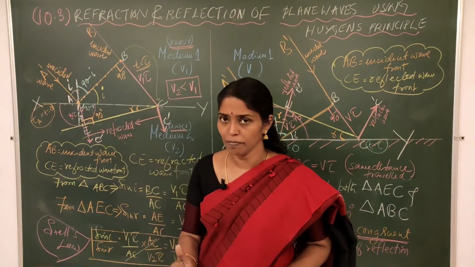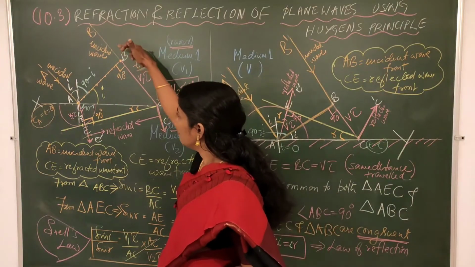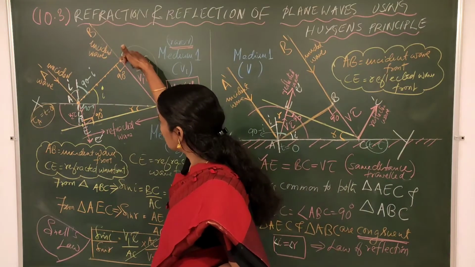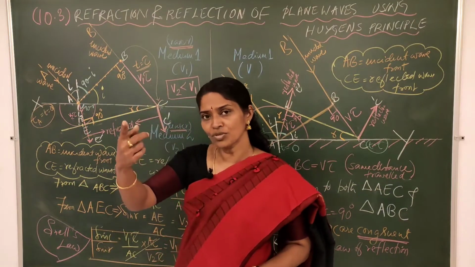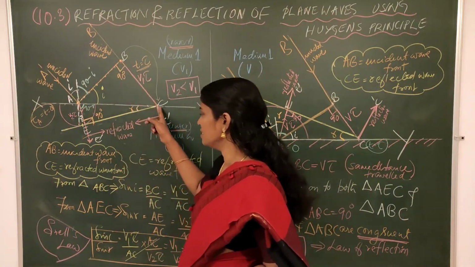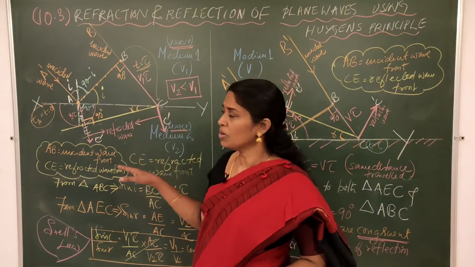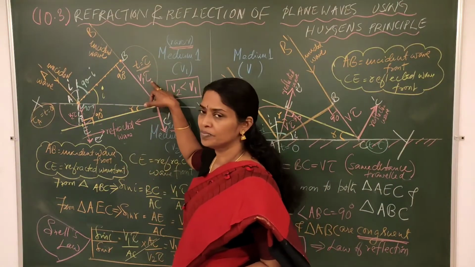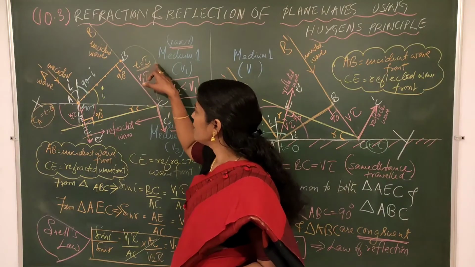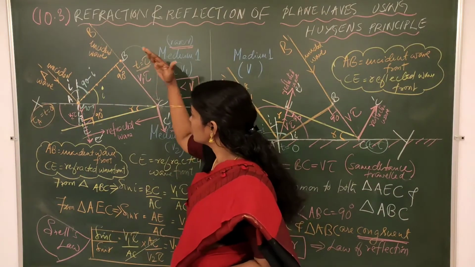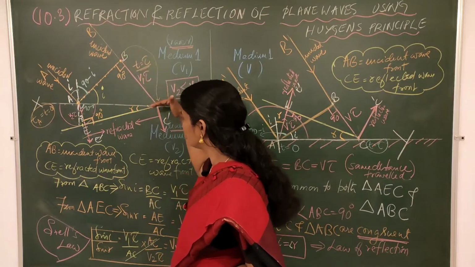But the wave source at the point B has to travel an additional length BC before it comes to the surface XY. Let that time be tau. By time t equal to tau, it has to travel the distance BC.